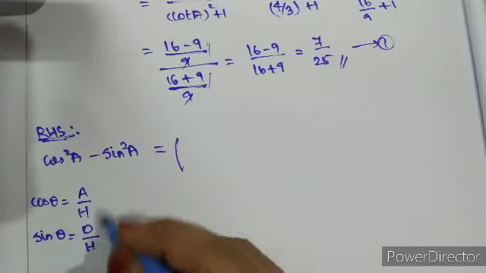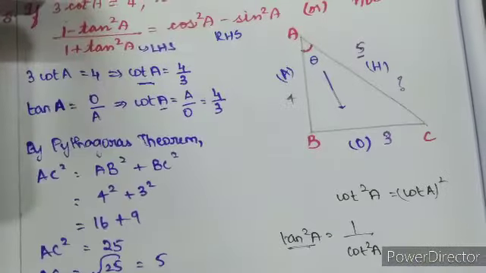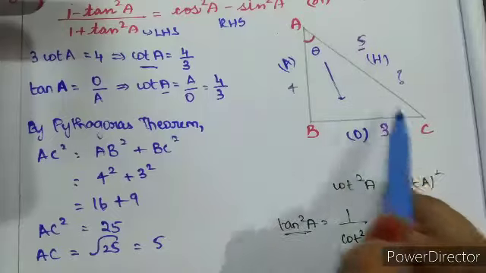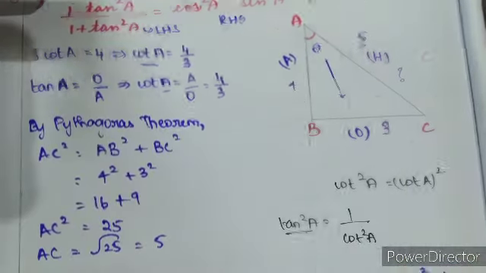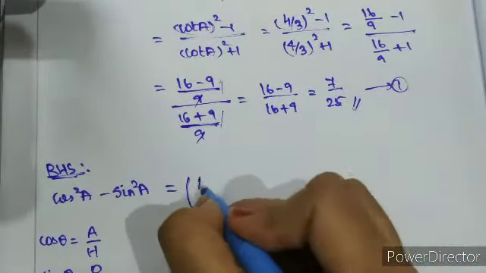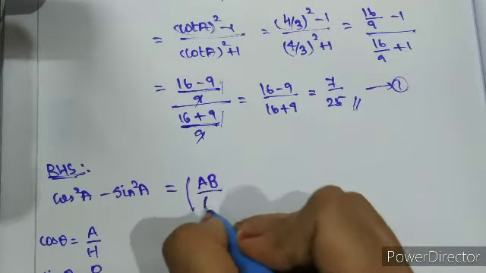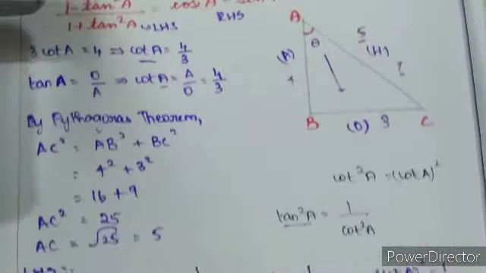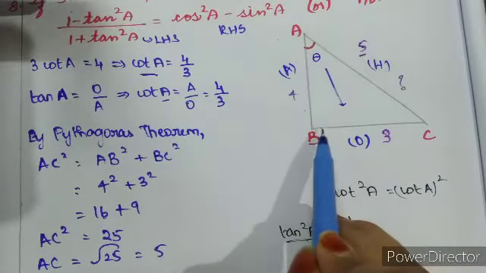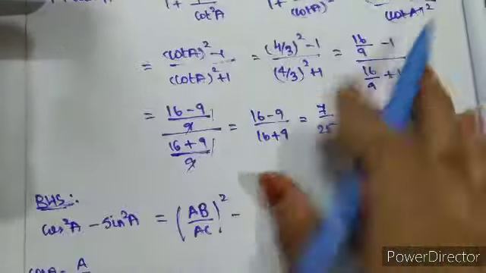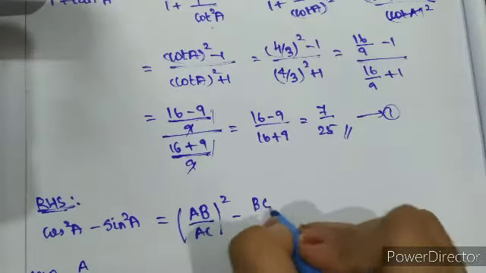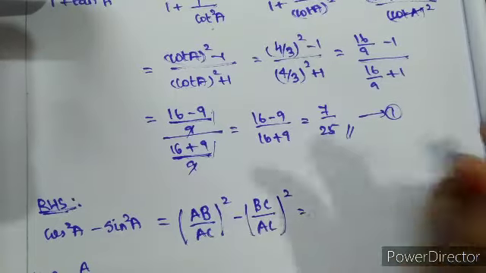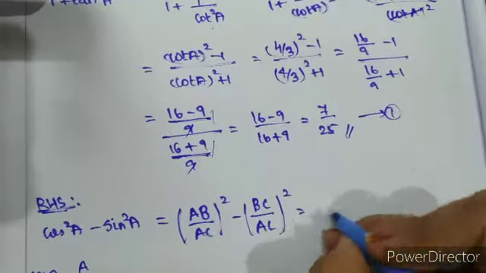So while we consider cos, it is adjacent by hypotenuse, that is AB by AC. So let me write that, (AB by AC) the whole square minus, for sin it is opposite by hypotenuse, (BC by AC) the whole square.